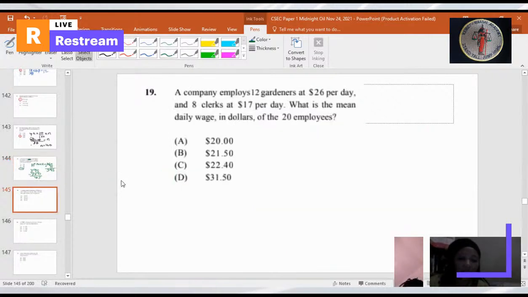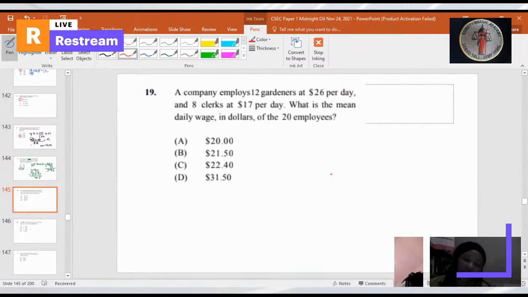Number 19. A company employs 12 gardeners at $26 per day and 8 clerks at $17 per day. What is the mean or average daily wage in dollars of the 20 employees? So the gardeners get a different rate than the clerks.